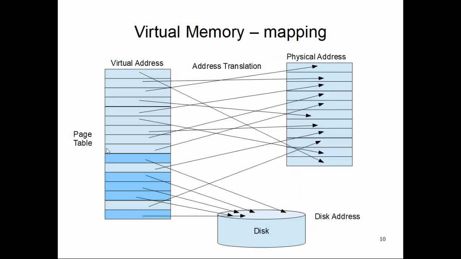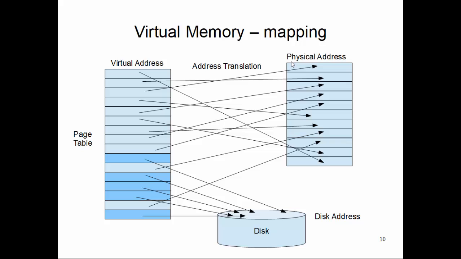Now what happens is a page table is maintained, where we have a map between a virtual address and the physical address. The physical address is what you have in your RAM. Since RAM is smaller than your virtual memory space, some of the pages may not be in the RAM.